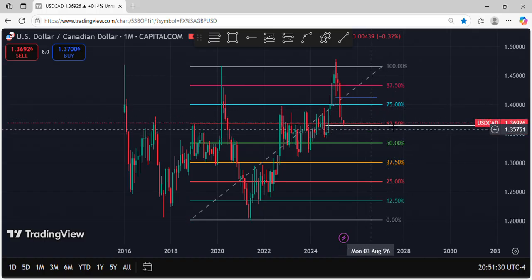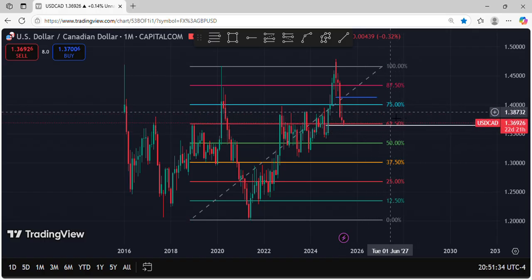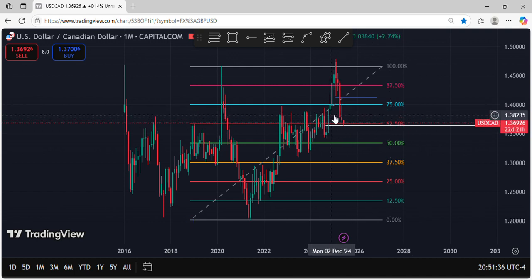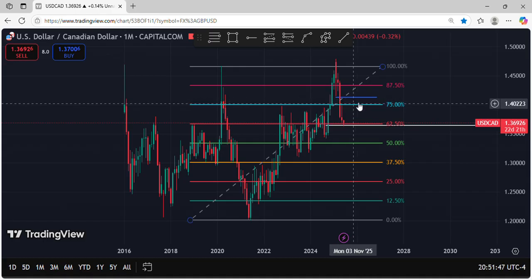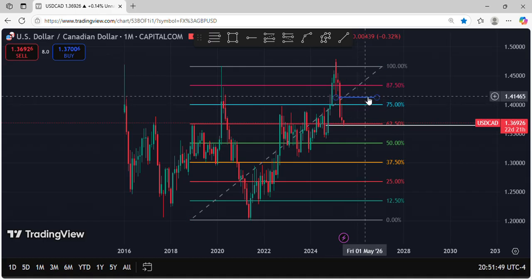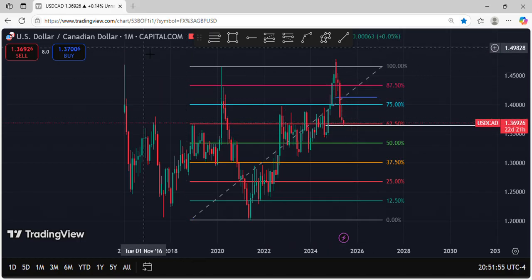And then currently we can see that we are at the 62.5 daily range, and that lies within a fair value gap, right? And so what we want to see is that price pushes up into this fair value gap at the 75 level before we see price drop again. So we are on the side of the bulls.